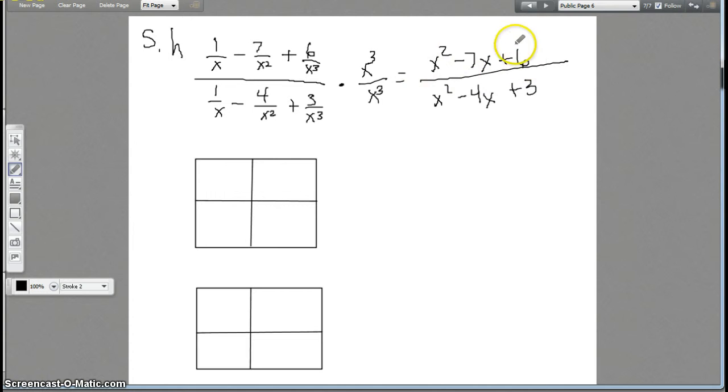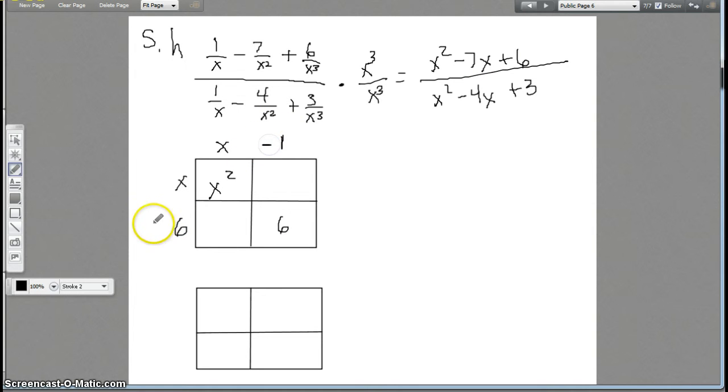So first we'll factor the numerator, x squared minus 7x plus 6. We have an x squared here and a 6 there. How do we get x squared? Well, that's x times x. For our 6, we can get that either with 1 times 6 or with 2 times 3. Can we add 1 and 6 together to get a 7? Yes, so we're going to need a 1 and a 6 here.